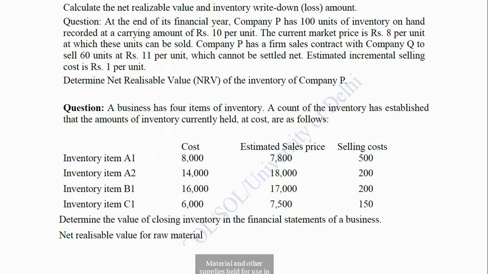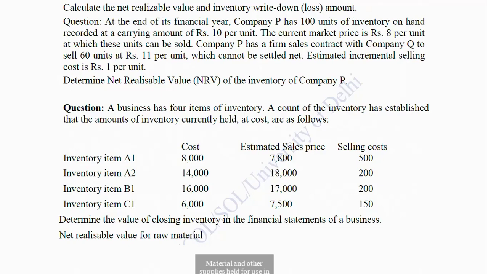Question: at the end of its financial year, Company P has 100 units of inventory on hand, recorded at the carrying value of rupees 10 per unit. The current market price is rupees 8 per unit, at which these units can be sold.